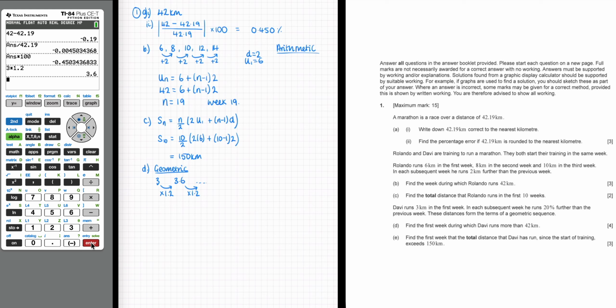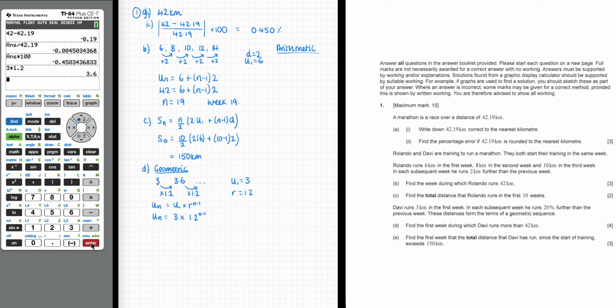So the formula to find the nth term of a geometric sequence is un is equal to u1 times r to the power of n minus 1. Now we know that the first term of this geometric is 3 and that the r value is 1.2. So un is equal to 3 times 1.2 to the power of n minus 1.